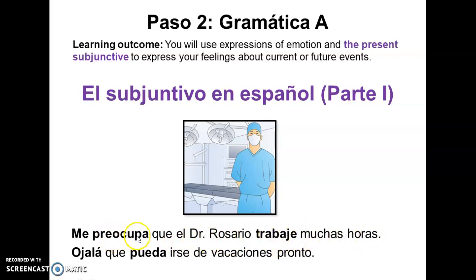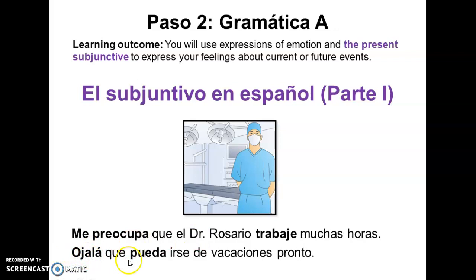Okay, and when I have this verb, the main verb expresses this emotion, right? And that triggers the use of subjunctive. The second verb is triggered by this, and so the verb needs to be in the subjunctive mode. This is how it works.